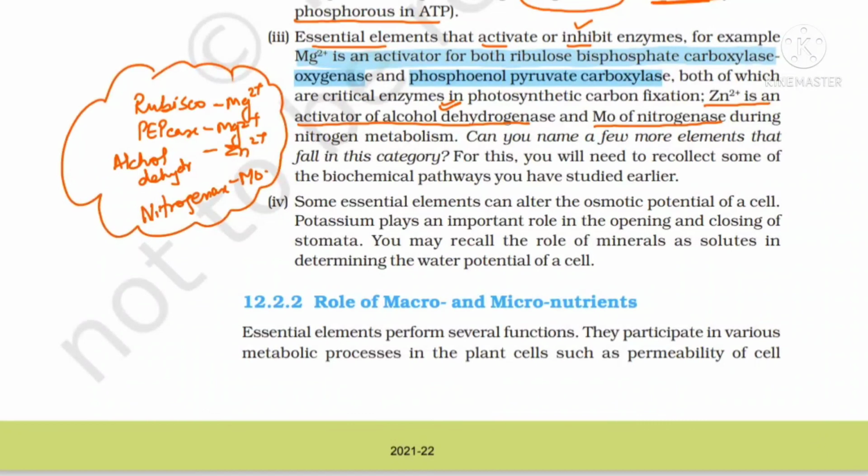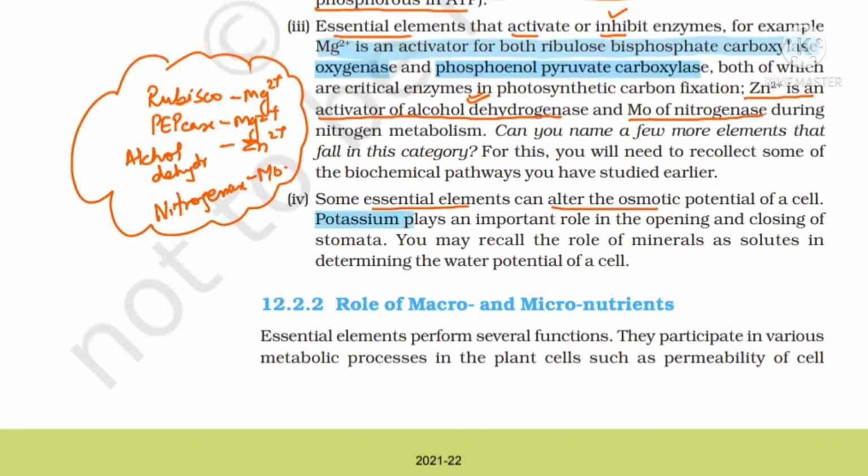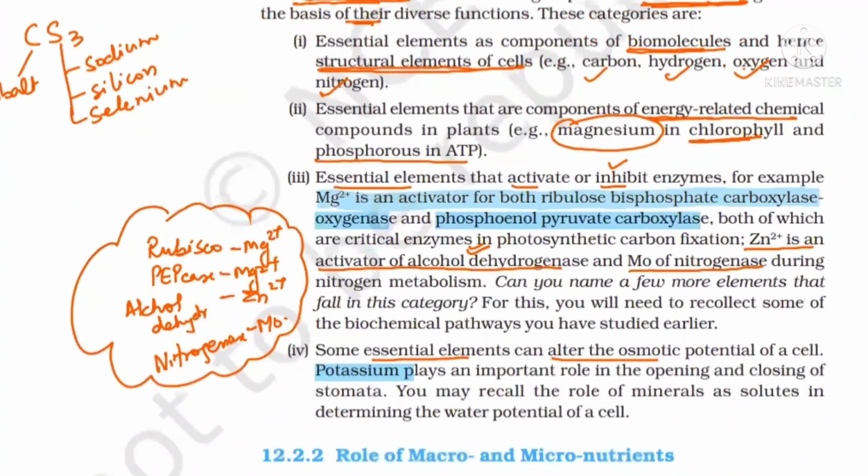Fourth category is this: some essential elements can alter the osmotic potential. For example, potassium ions will play the role in the opening and closing of stomata. So I think this much topic is clear. We can group the essential elements into 4 broad categories. So essential elements are grouped into 4 broad categories based on their diverse function.